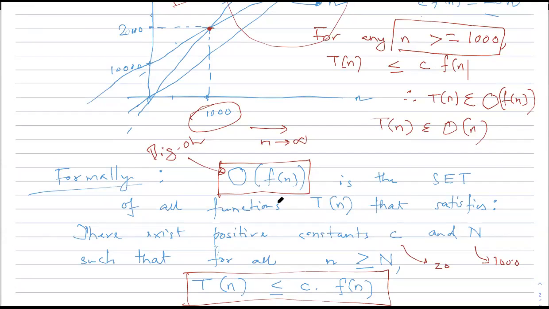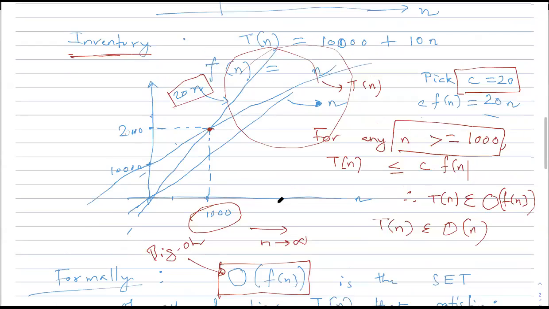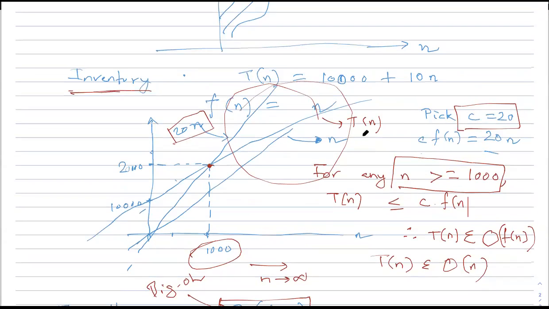We really don't care. In fact, after having formally defined this, when you see a linear function like this, you can always come up with a value of C that can be larger than this, correct? Because you have to just pay attention to this guy, this is 10n.